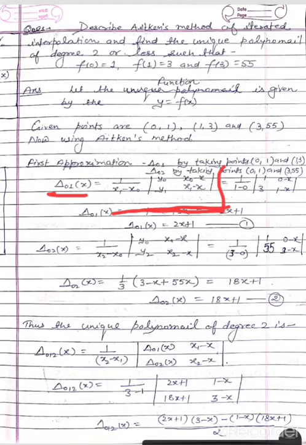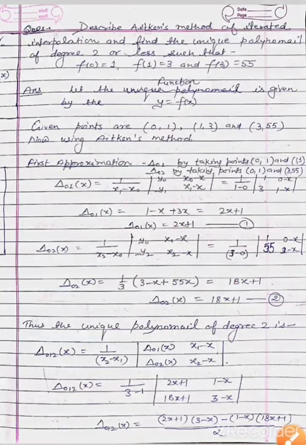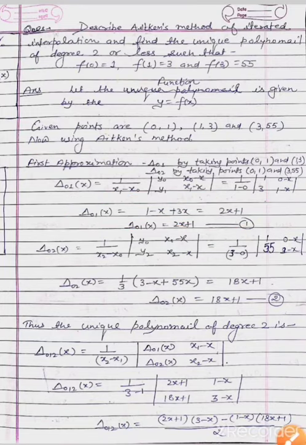Now putting all these values in this equation, here x0 equals 0 and x1 equals 1, and y0 equals 1, y1 equals 3. We substitute all these values in this determinant, then we obtain this relation, and solving this determinant we obtain delta 01 of x equals 2x plus 1, which is linear in nature.